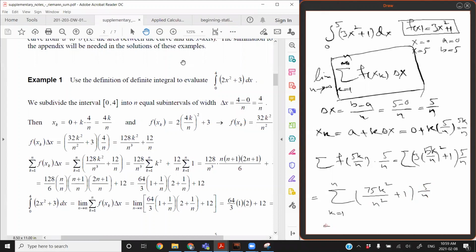And if I distribute, I get 5 times 75 over n to the power of 3. Let's see, if I do 5 times 75, I get 375 k squared, plus this times 1 is 5 over n.